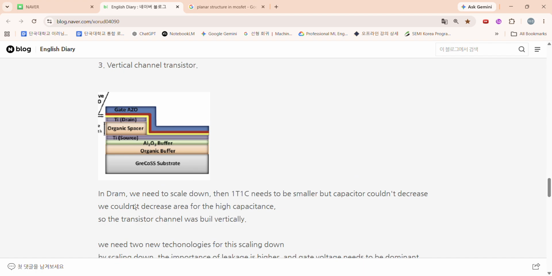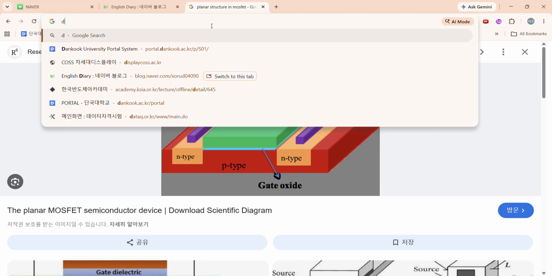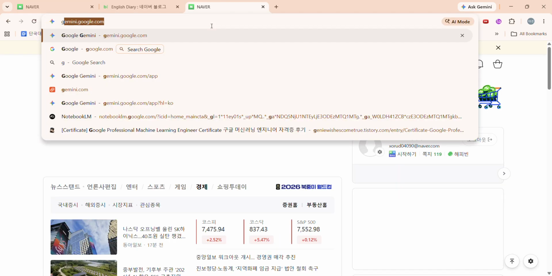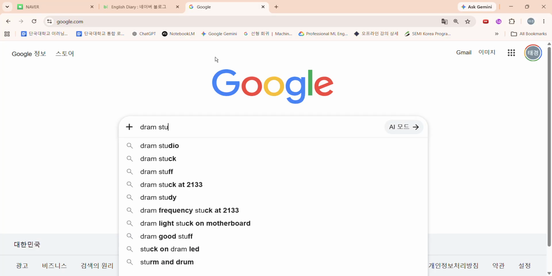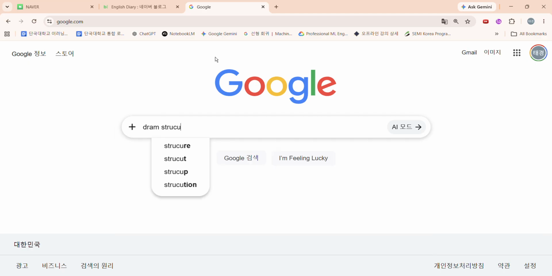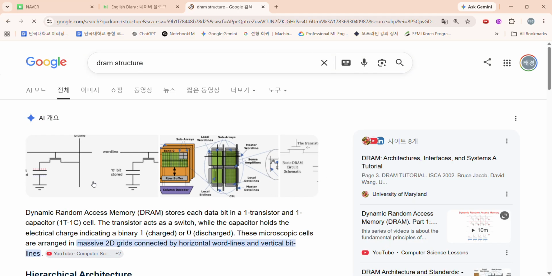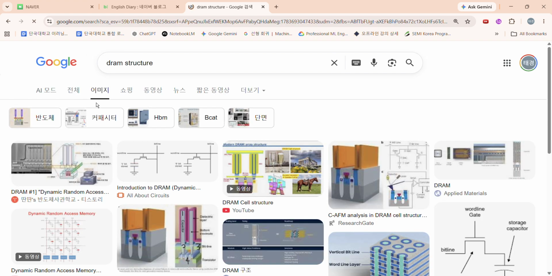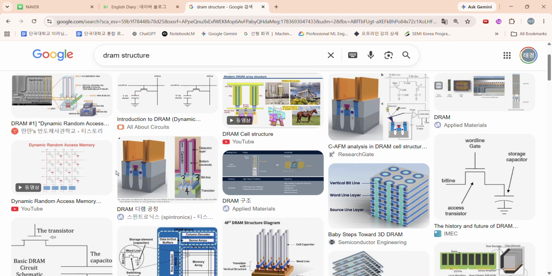In DRAM, we need to scale down, and DRAM is composed of 1T1C. Yes, it's the DRAM structure.